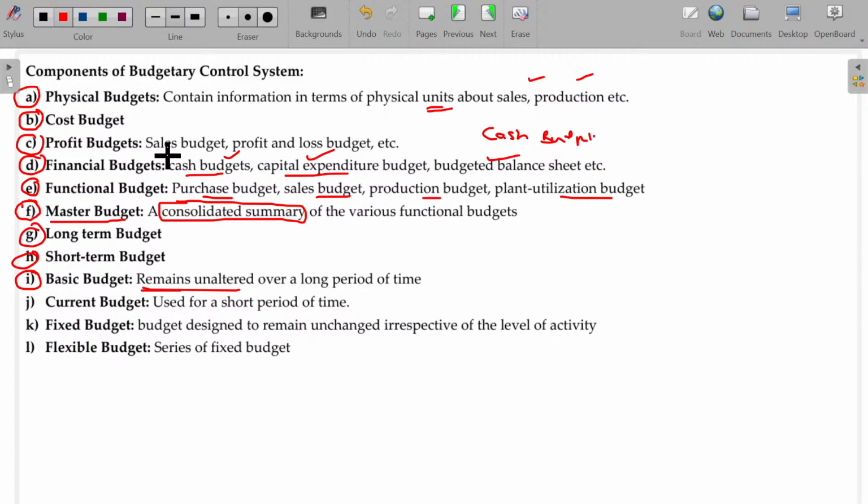Then you verify with your cash balance and what could be the estimated amount you require for the to and fro and spending in the tour duration. So that will be for the specific thing for the tour plan. Is that okay? Tour plan. The regular day-to-day activities are now standardized, and you will have a constant checklist. You just follow that. Okay. So remains unaltered over a long period of time.